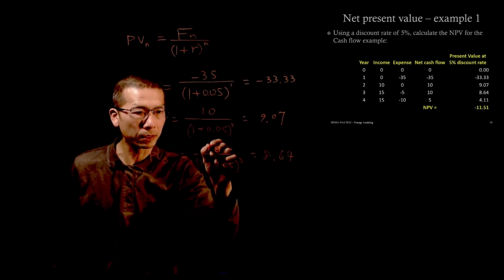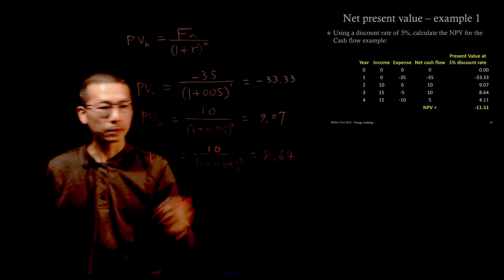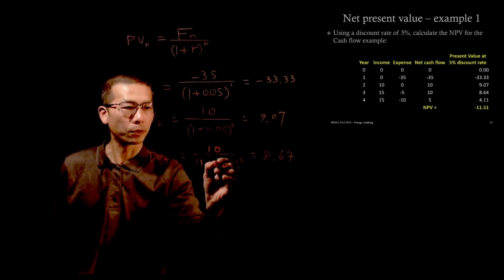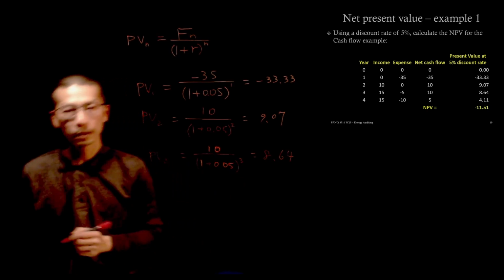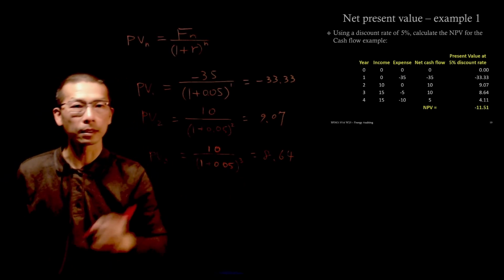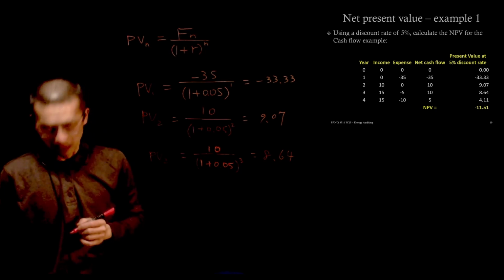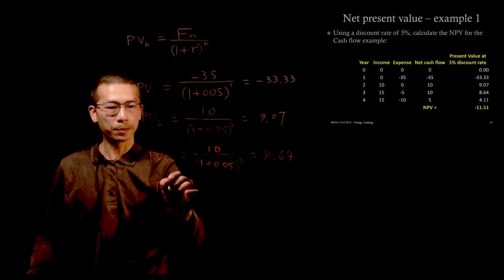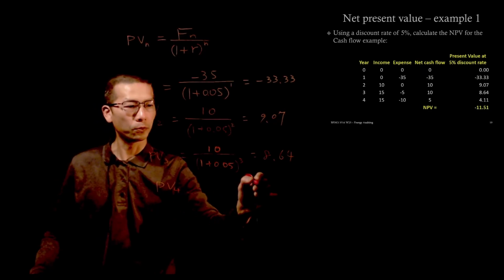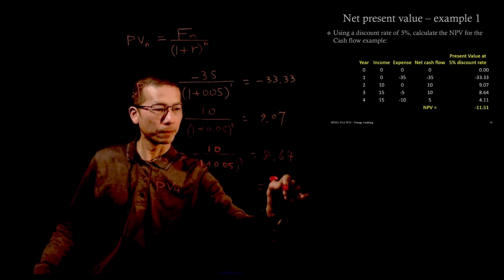Not very clear, right? 1.05. Anyway, it's plus. And PV4, if you do the same, you will get 4.11. Why?